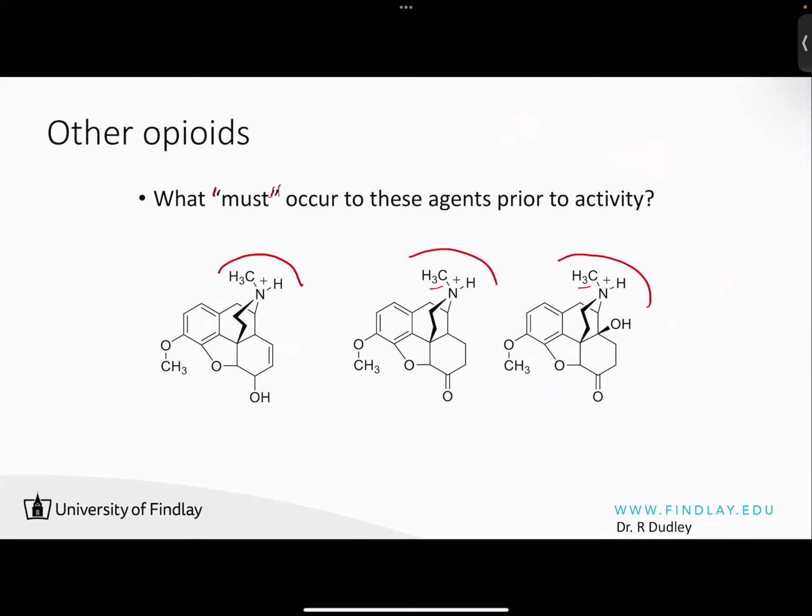They all have that tertiary amine ionized, so that can afford us ionic interactions. Alcohol at the sixth position, carbonyl group at the sixth position, carbonyl group at the sixth position. All right, so H bonds can happen.